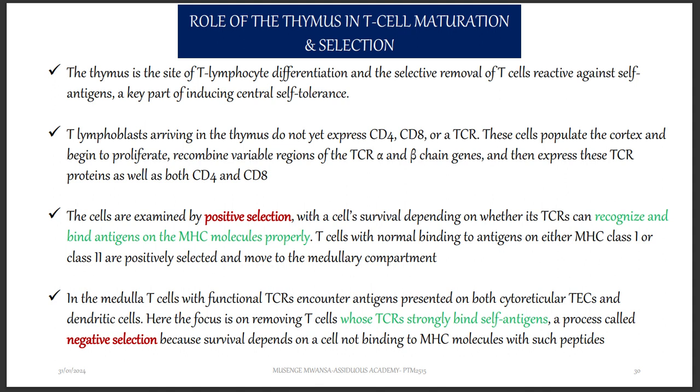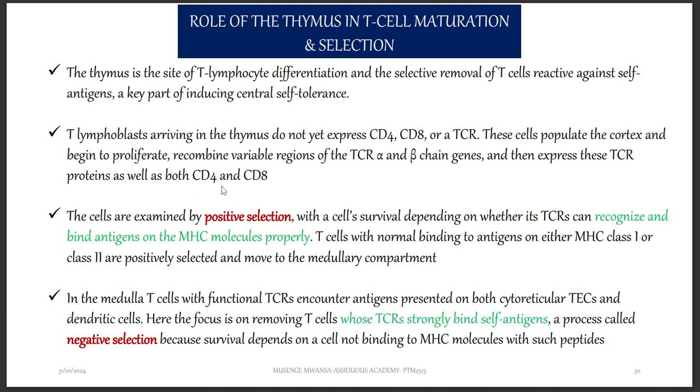Now, when you have a cell that has CD4, we call it the rule of 8. There is a molecule called MHC. We are going to talk about these molecules later on. You have MHC class 1 and MHC class 2. The rule of 8 says that CD4 is supposed to recognize MHC class 2.